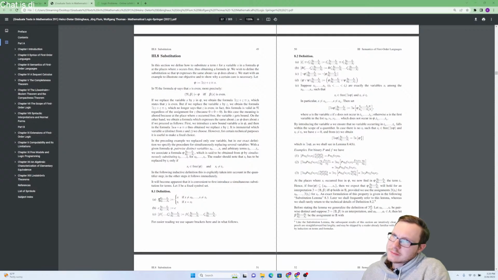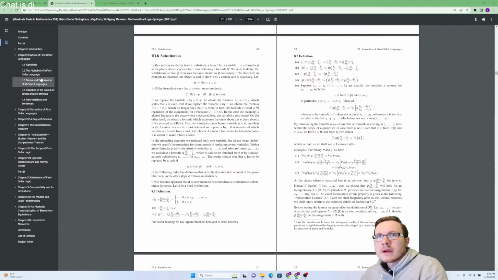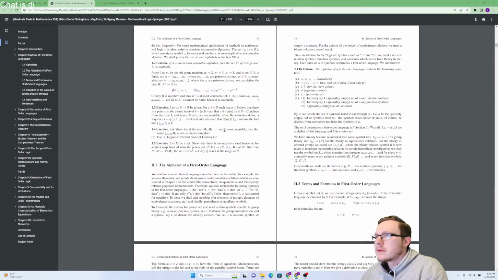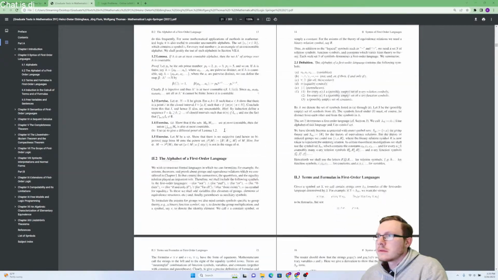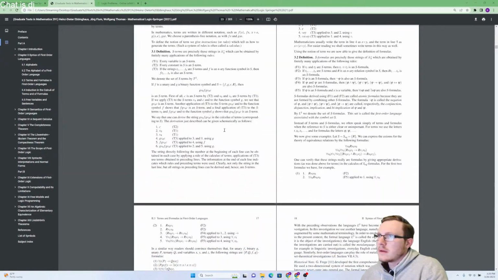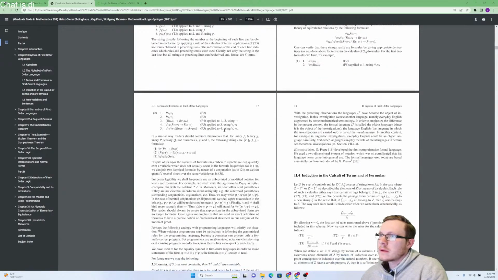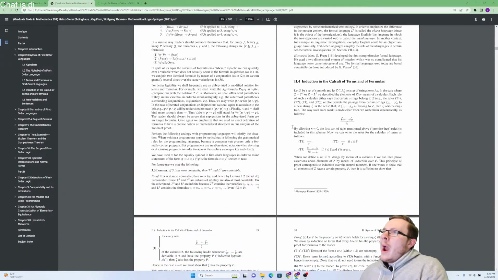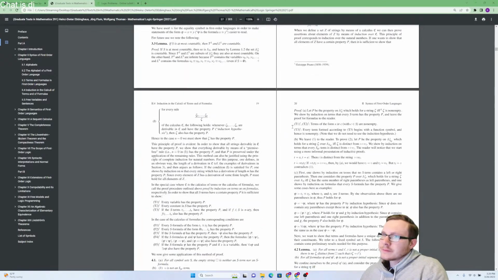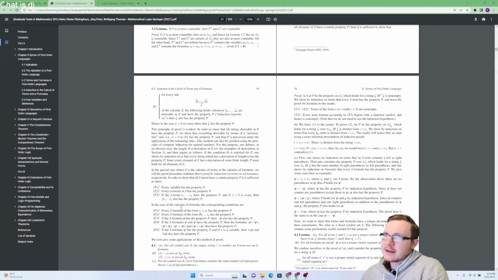We have to go back to proof by induction here. If I recall correctly, where is the definition? Every variable and every constant and every term. It's a little bit different though. This is the proof by that, not the definition.